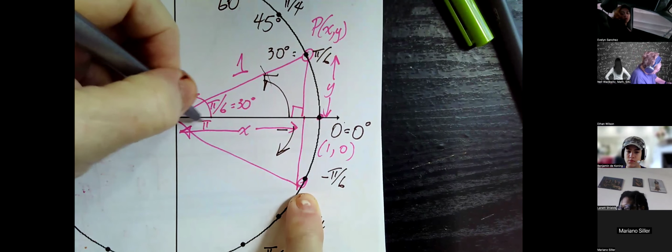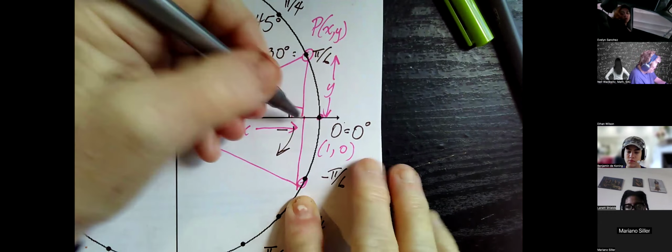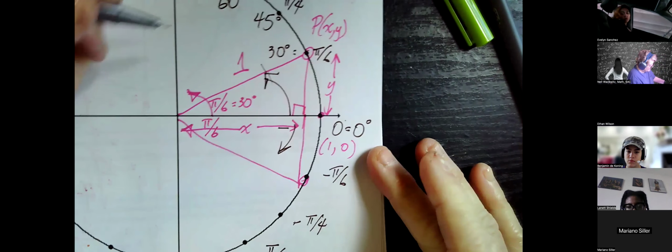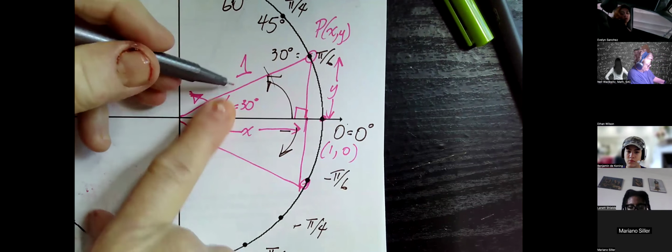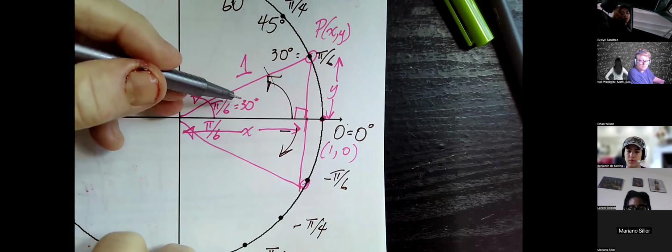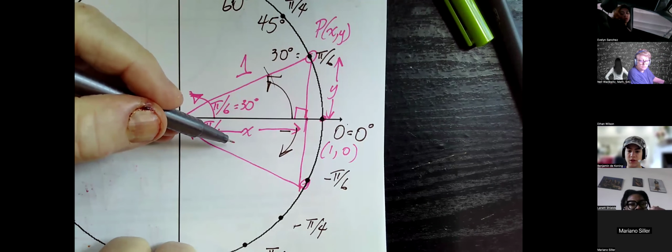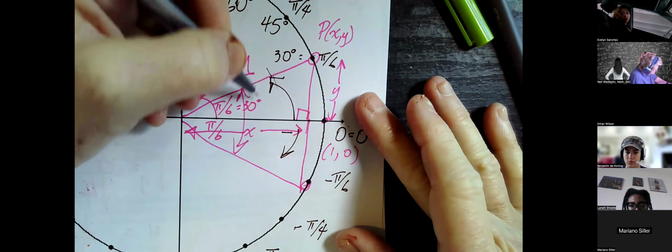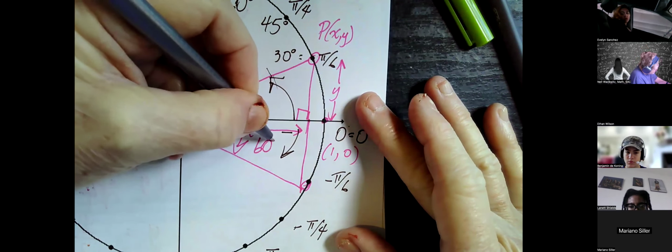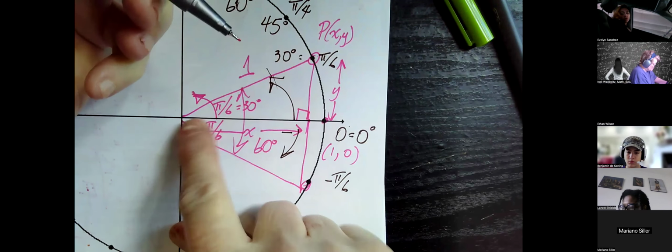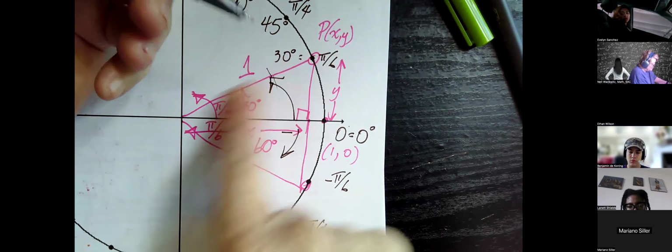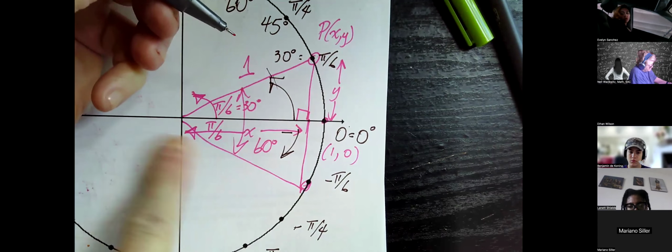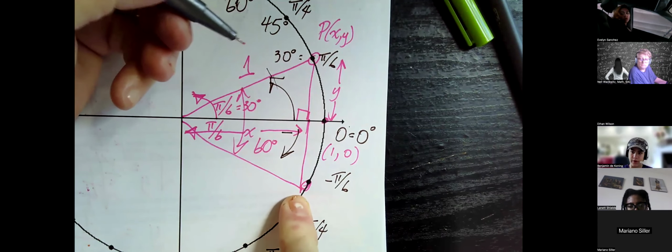But this is also pi over 6. And 30 plus 30 is 60. This is length 1. What is this length? Also 1.